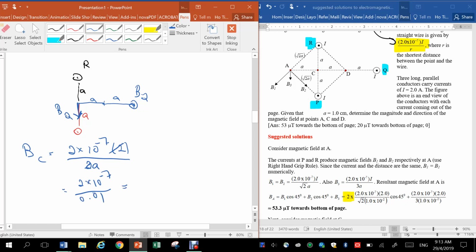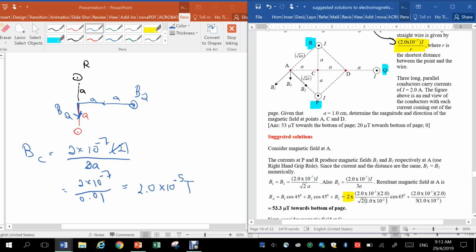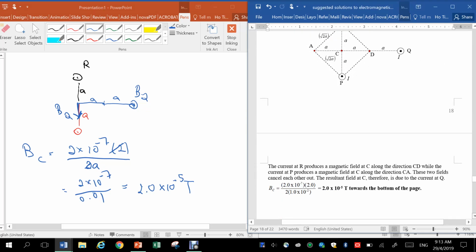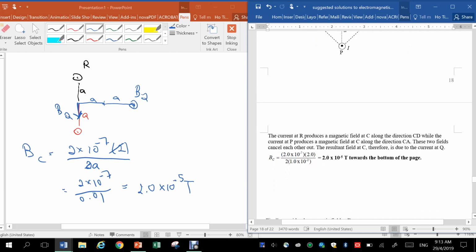The answer should be 2.0 times 10 to the power minus 5. Should be correct. Let's check it out. I use some mental sums, please forgive me if I'm wrong. There you go. BC is 2 times 10 to the power minus 5 towards the bottom of the page.